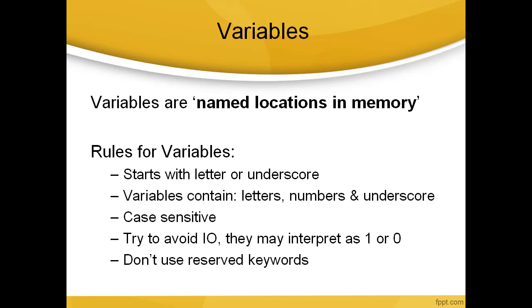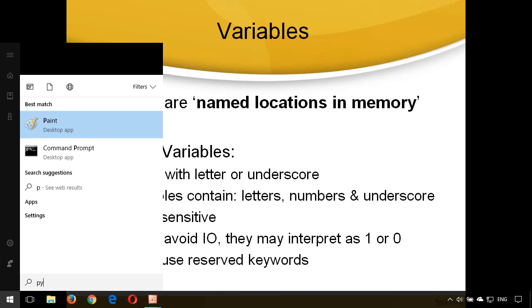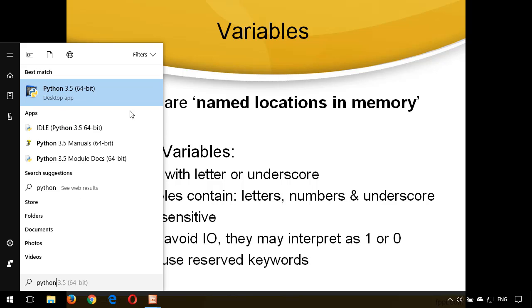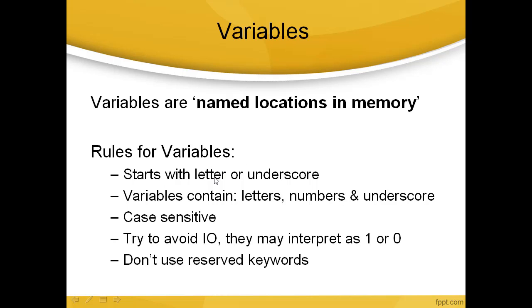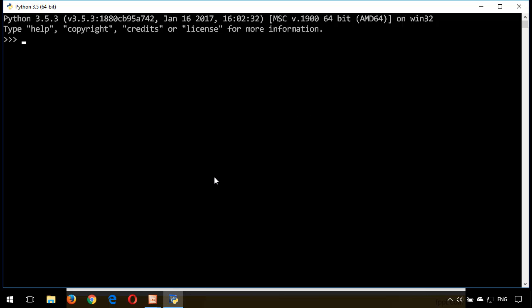Let's explore those using the interpreter. For that, press the Windows button, type Python. Click on the Python 3.5 desktop app, and let's see the first rule. A Python variable starts with a letter or underscore. Let's create a variable called location equal to Bangalore.